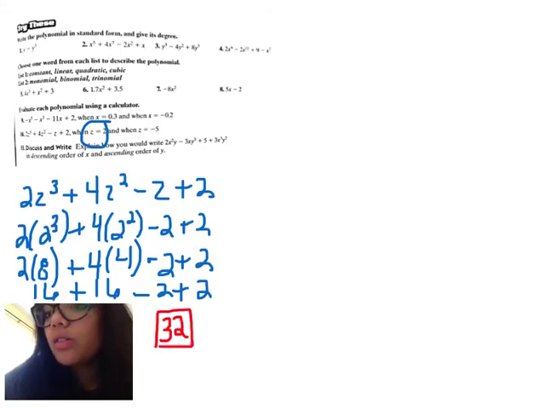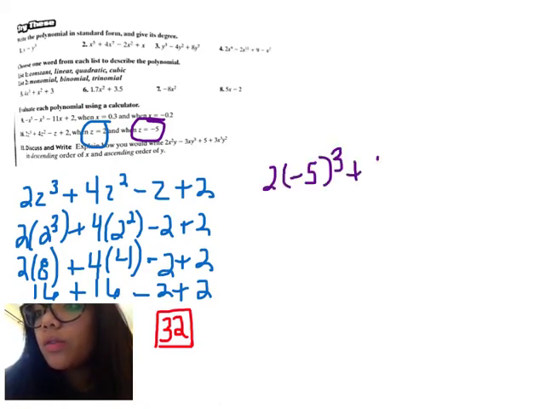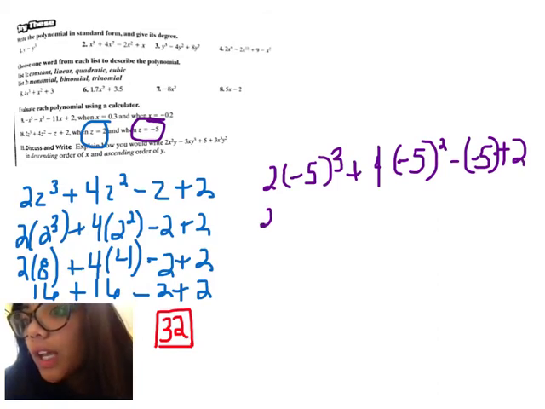Now let's do the next one when z equals negative 5. So I'm going to rewrite it. 2 times negative 5 cubed plus 4 times negative 5 squared, minus negative 5 plus 2. Negative 5 cubed is negative 125.